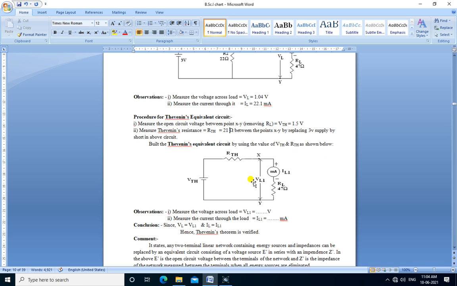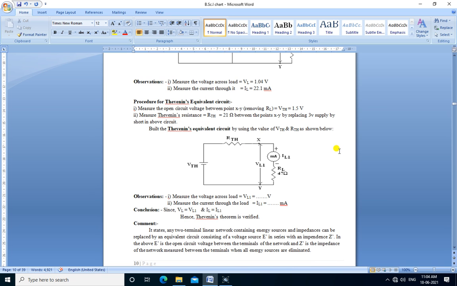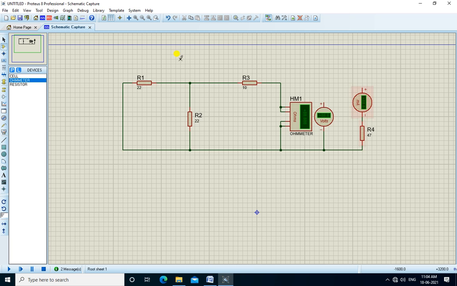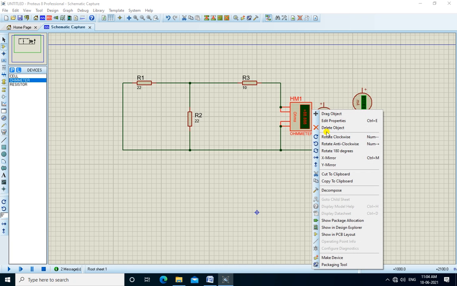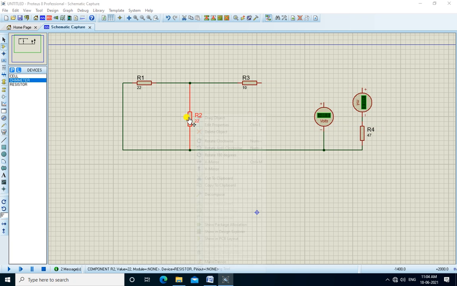Now we can build this equivalent circuit with the help of these RTH and VTH values. Let's do this.